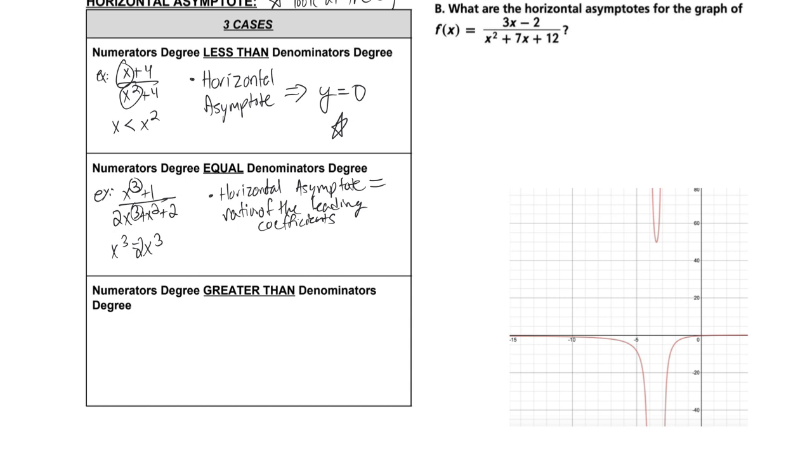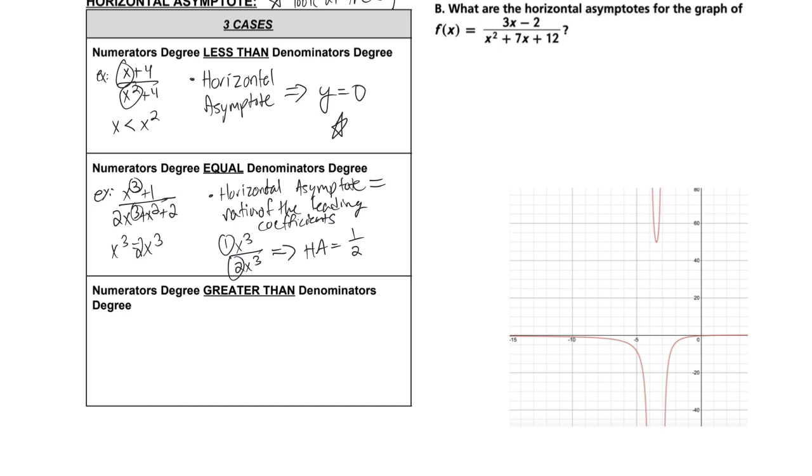If we look at x cubed over 2x cubed, our horizontal asymptote is equal to 1 over 2. Okay, so it's the ratio of the leading coefficients, right? And it needs to be in standard form.